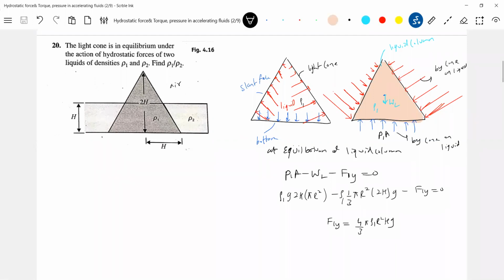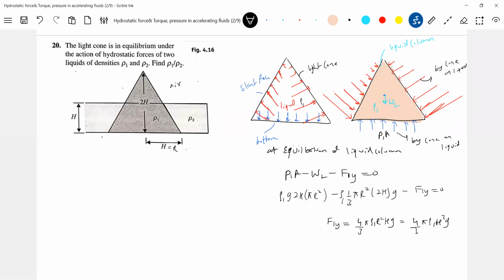Where r is equal to h, later on I'll substitute. So this will become h cube. It will become pi rho 1 h cube g. Okay, this is what F1y you should call.